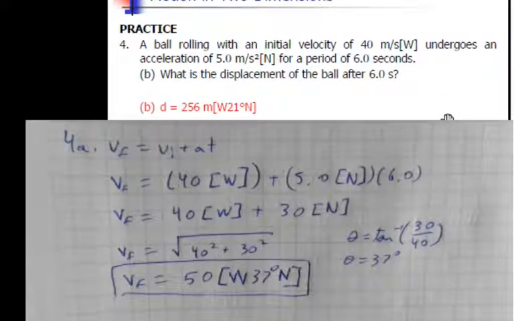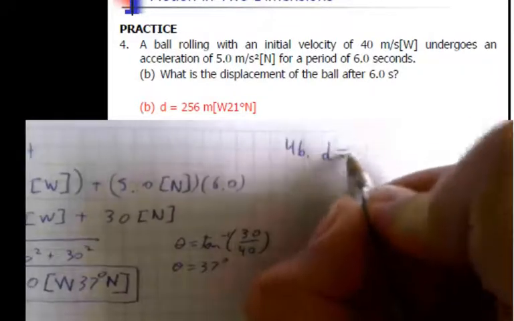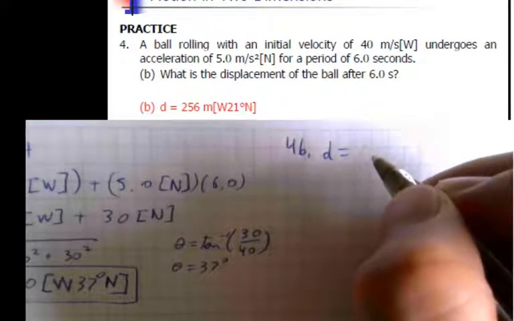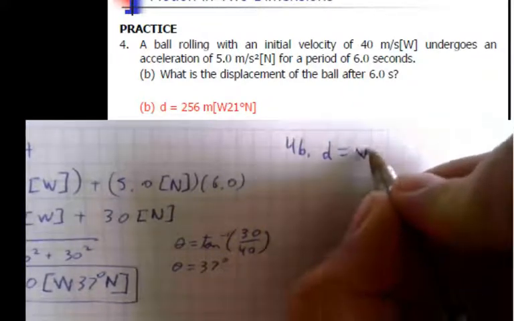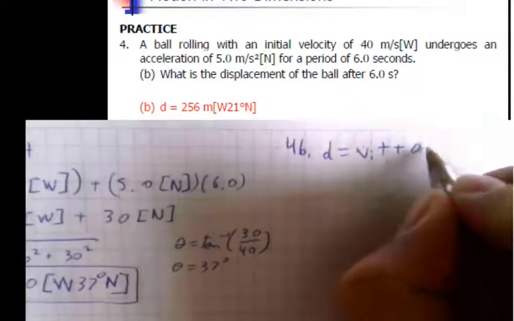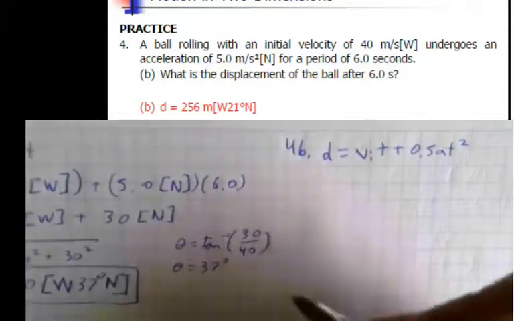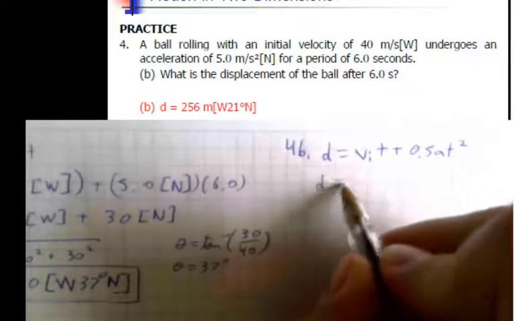I believe there is a part B to this question. It says, what is the displacement of the ball after 6 seconds? D equals VIT plus 0.5 AT squared. So I'd have to use this to find my displacement.